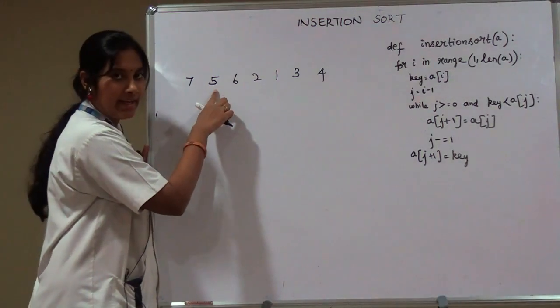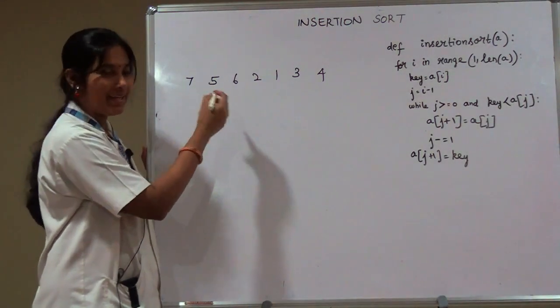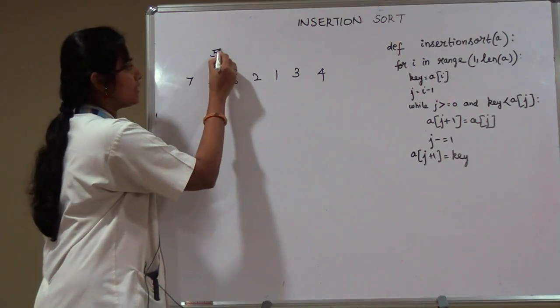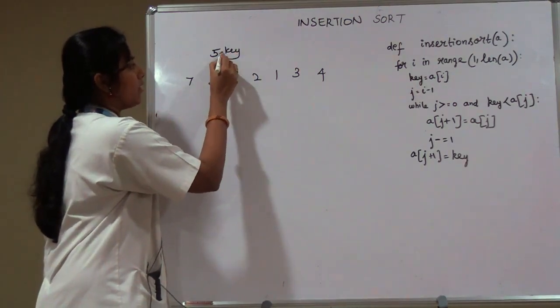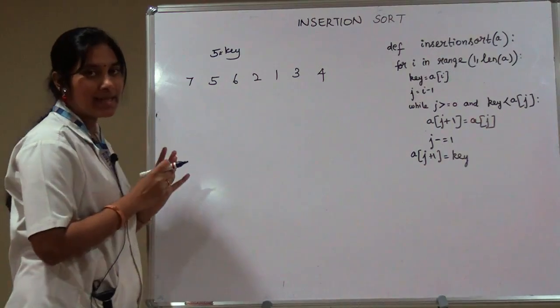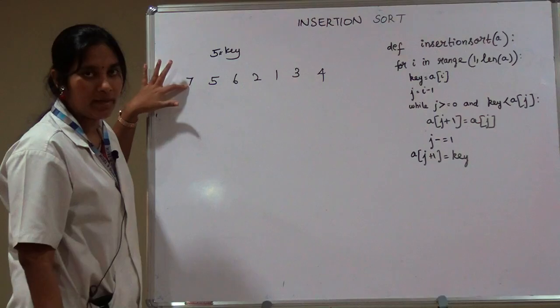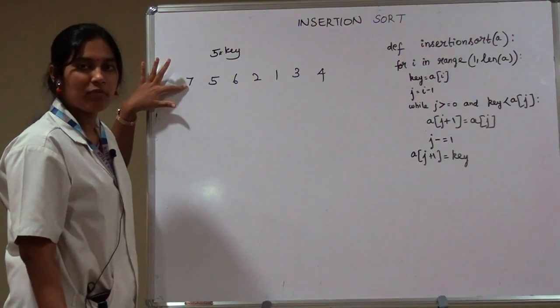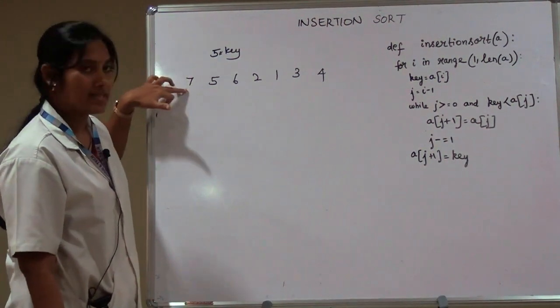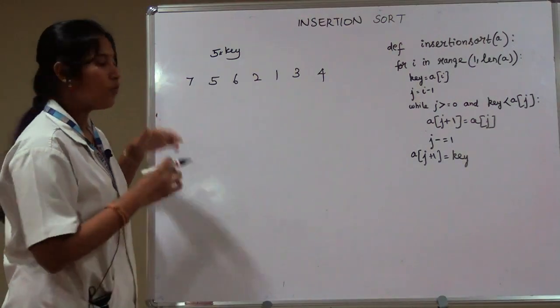Next, I am taking the second element as my key element. So now 5 is my key element. Now I have to compare this key element to my previous element, which is 7. I find that 5 is less than 7. So what should I do?